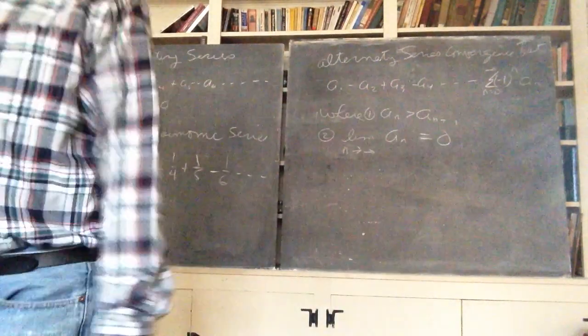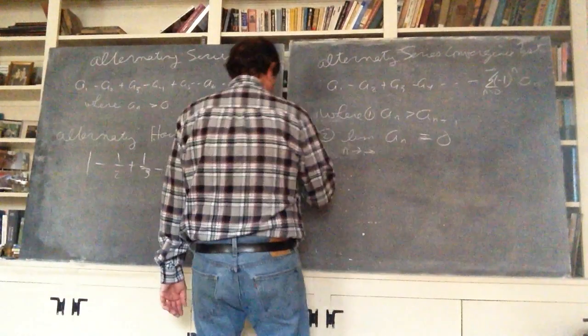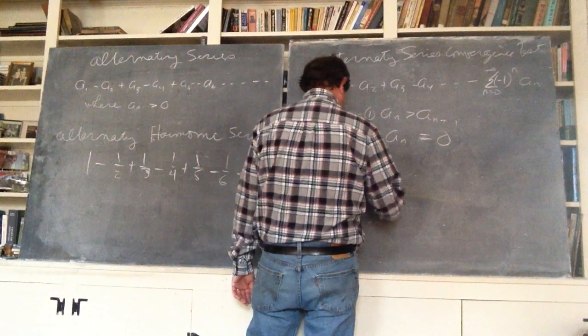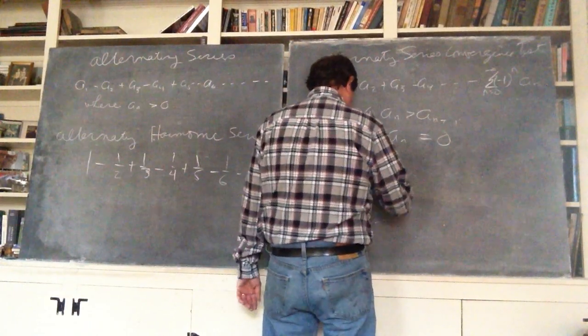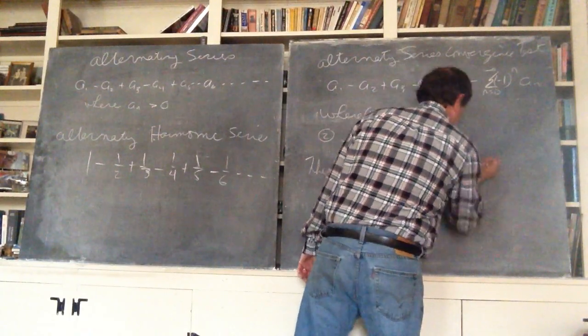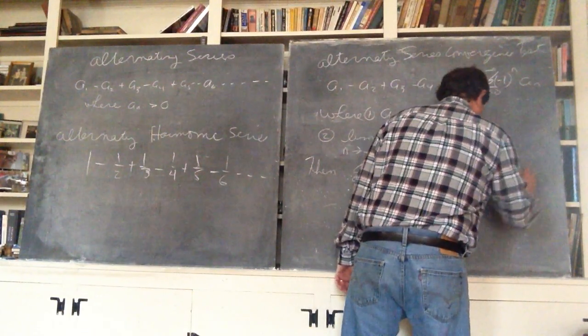Then that series, the sum of (-1)^n a sub n, converges. Definitely.